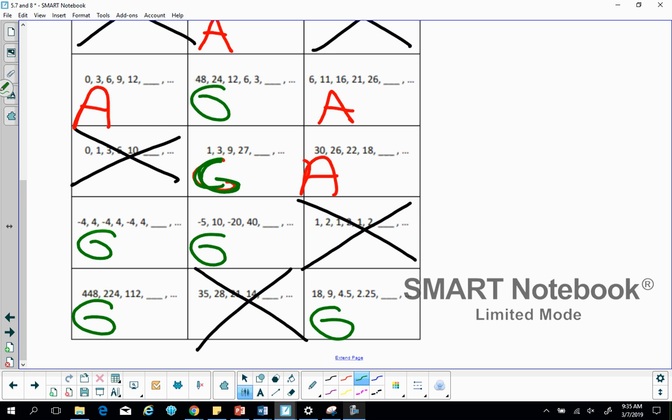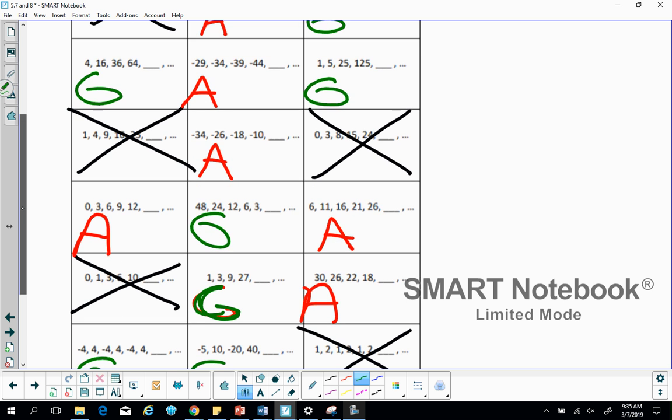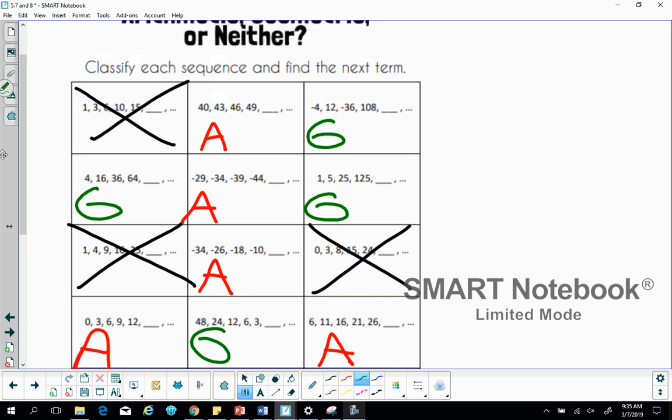So remember, G means it's exponential or geometric. Arithmetic means it's adding and subtracting. Now what I want you to do is go through each of them, and for all the A's, write D equals, because that's your common difference.